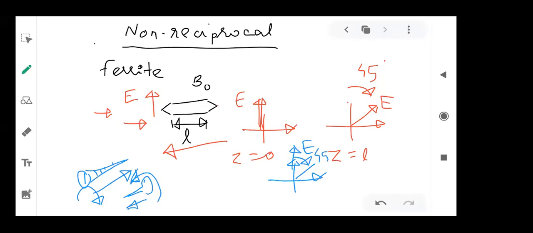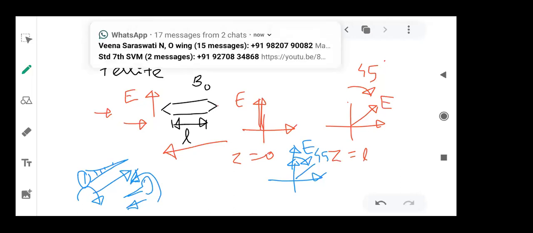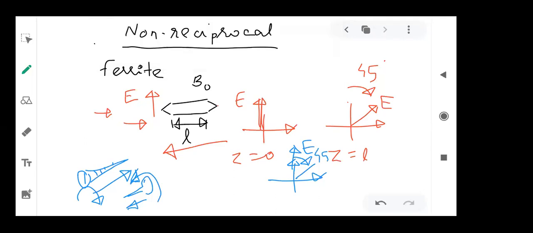If the screw, the pointed end, is moving away from you, the rotation should be in the clockwise direction. But this is not going to happen in the case of ferrite. Suppose the wave represents the screw. If the wave moves from left to right, then the orientation of the field will be clockwise.